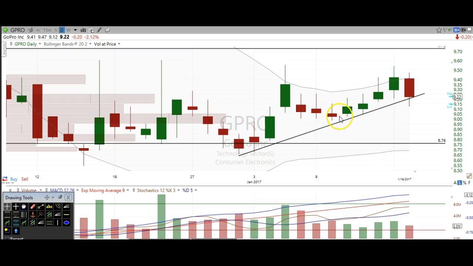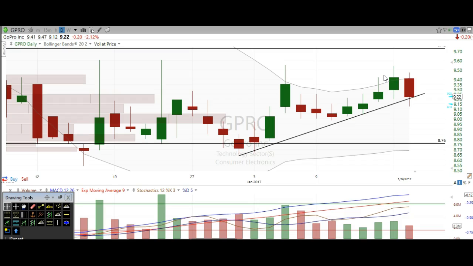And then what completes the fractal day is this third day makes a higher high and a higher low than this day. So we've just got a washout low, and then we punch higher, and that was a great long signal, and we sold it on this day right here. With options, you don't need a huge move in order to make 100% gain. So that was a really nice trade for us.